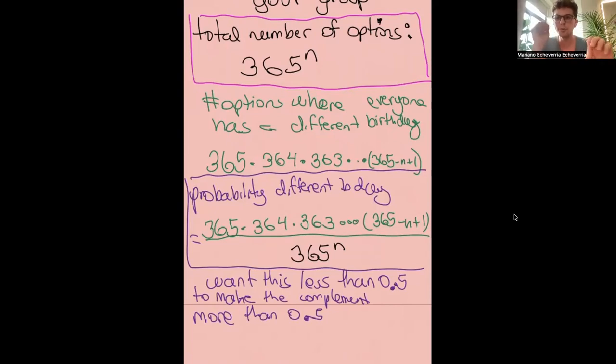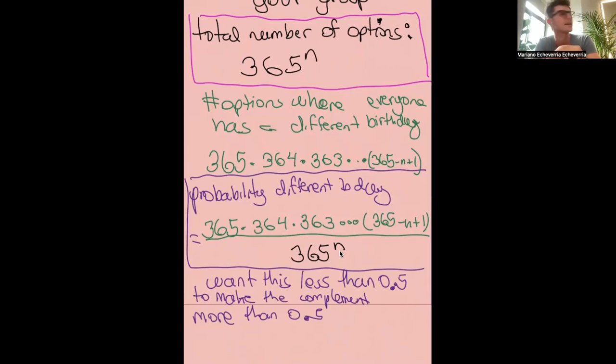So the brute force method would be to take 365 times 364 times 363, and notice that when you put n equals 23 and divide this huge product by 365 to the 23, you end up getting a number that's less than 0.5. That works, but it's not the most illuminating, because how in practice are you even going to compute that?